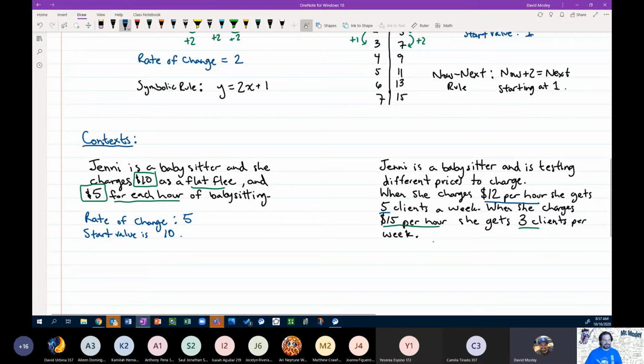So this gives us coordinates. The pay, how much she charges, affects how many clients she has, so the pay becomes the x variable. We have a coordinate of 12, 5, and a coordinate of 15, 3.